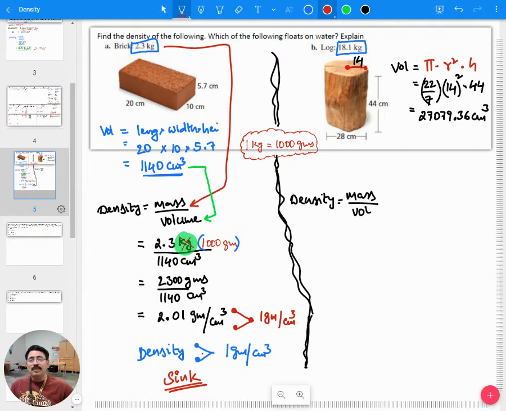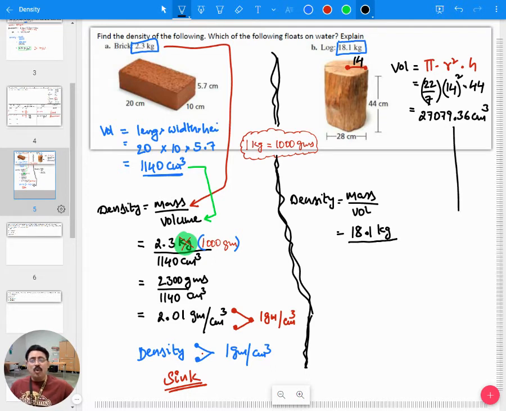Now, let me plug in these values. Mass here is 18.1 kilograms. In my previous example, I mentioned how to convert kilograms to grams; we'll do it in the next step.